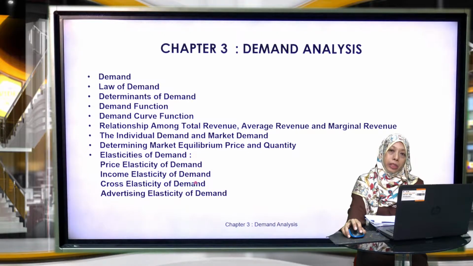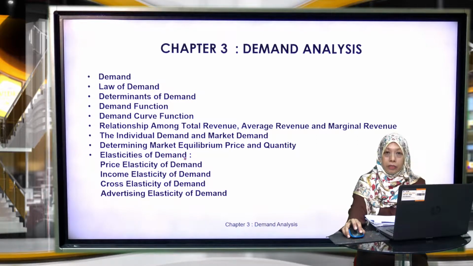Even though we know that all these factors affect demand, we would like to know the magnitude of change in quantity demanded when each of these factors changes. So this brings us to the topic of elasticities of demand.